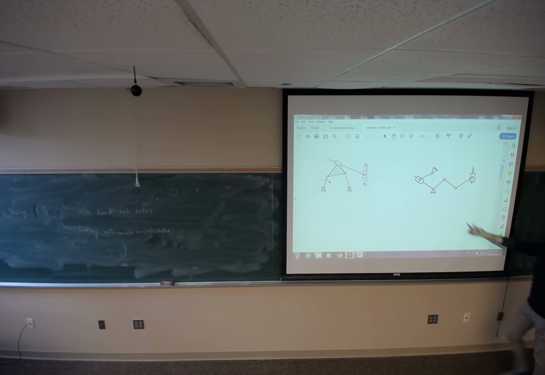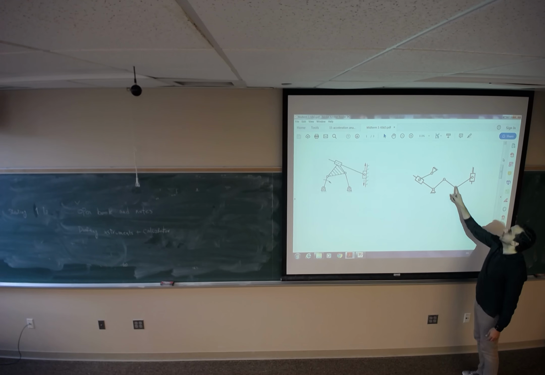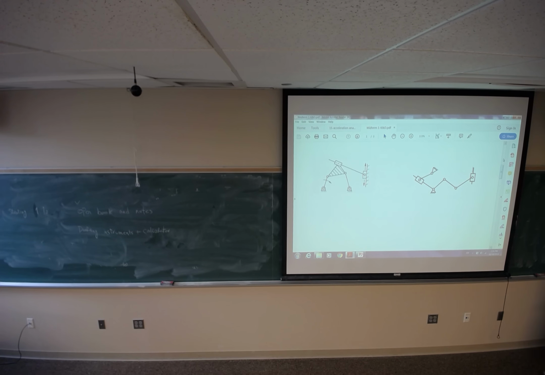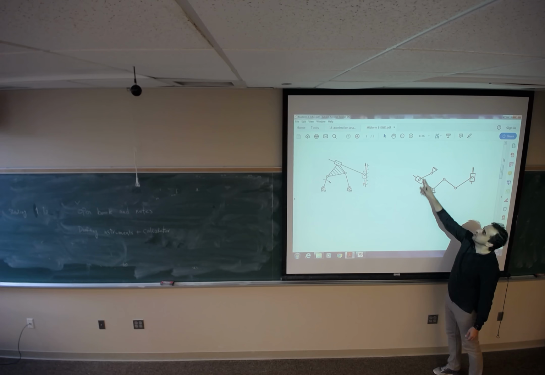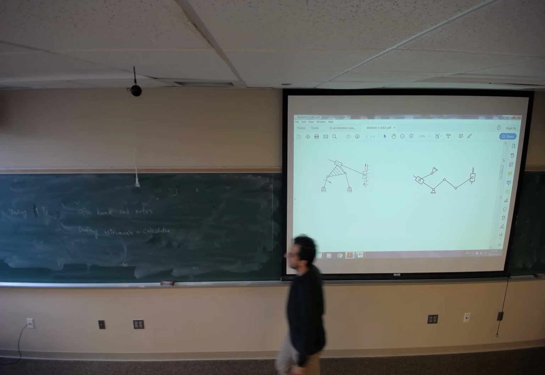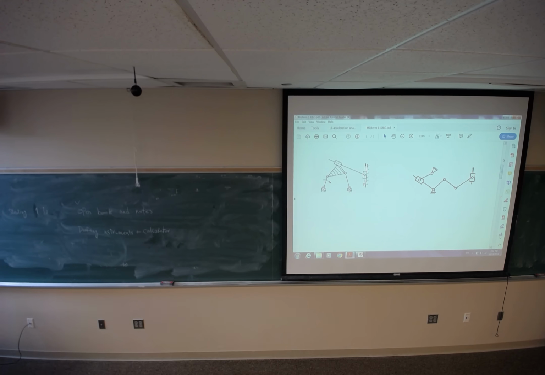So 2, 3, 4, 5, 6, 7, 8, and 9. 1 is ground, 2, 3, 4, 5, 6, 7, and 8. The degree of freedom is going to be 3. Any question on this before I go to the second problem?